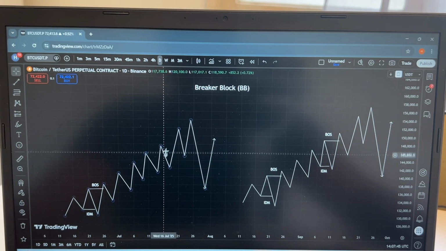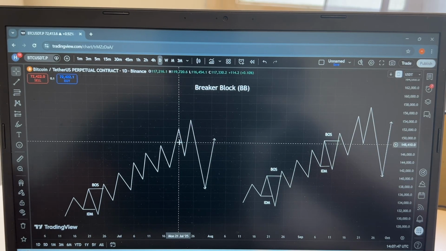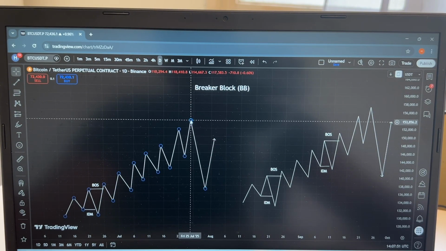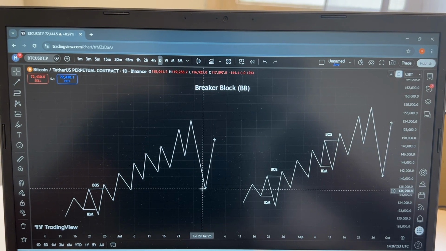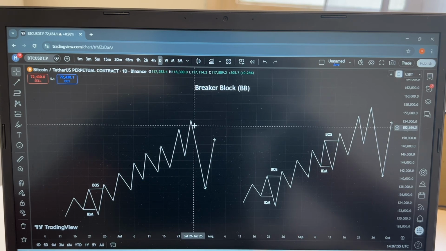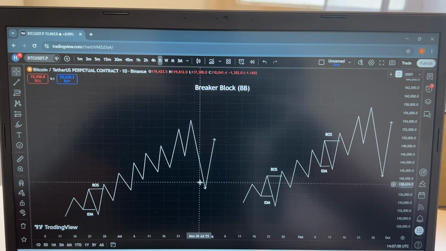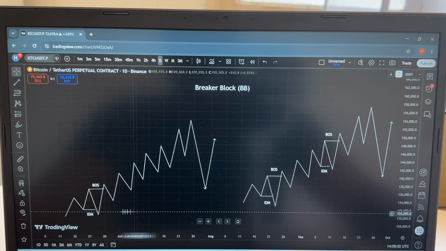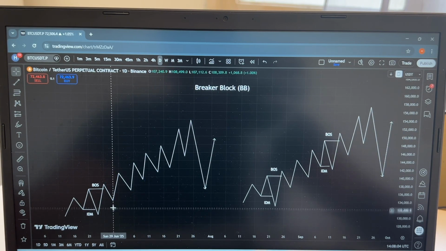It just keeps on going up for a significant amount of time. So when that happens, the market does not have the full power to go back down fully towards the extreme order block, which happens at the lowest point of the BOS.